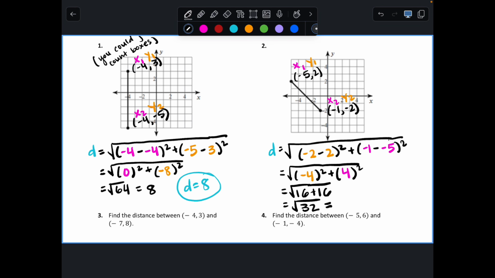And we're just going to round to the nearest tenth for these. So you'll get 4 root 2, and then we'll round that to 5.7. So the distance or the length of that segment is 5.7.